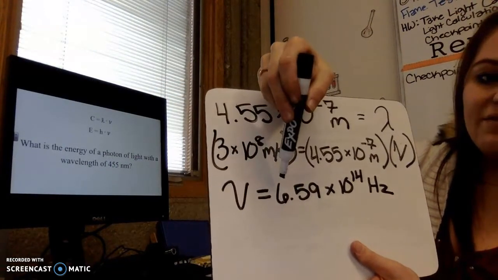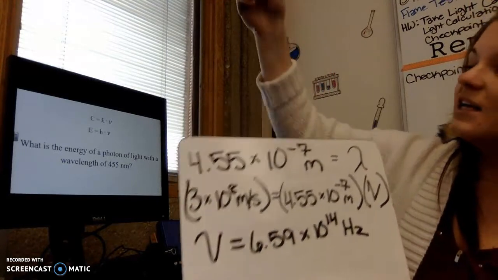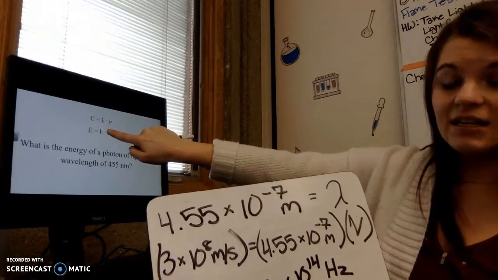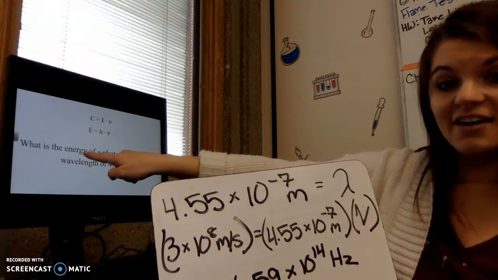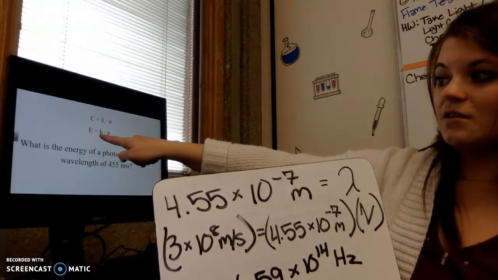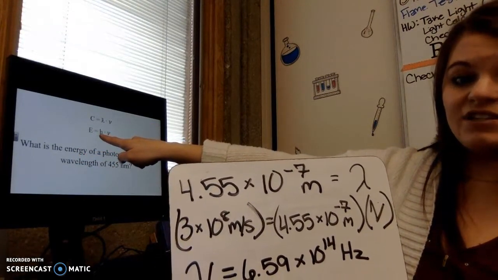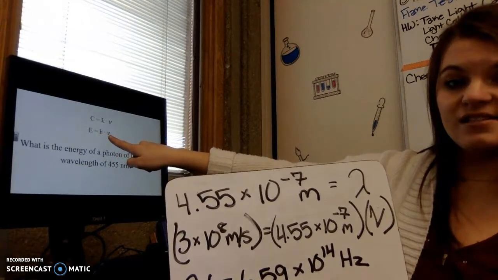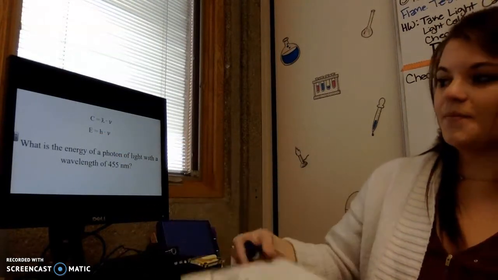Okay, you now have your frequency. You now have everything you need to solve for the energy. h is Planck's constant, that's given to you, and we just solved for frequency.